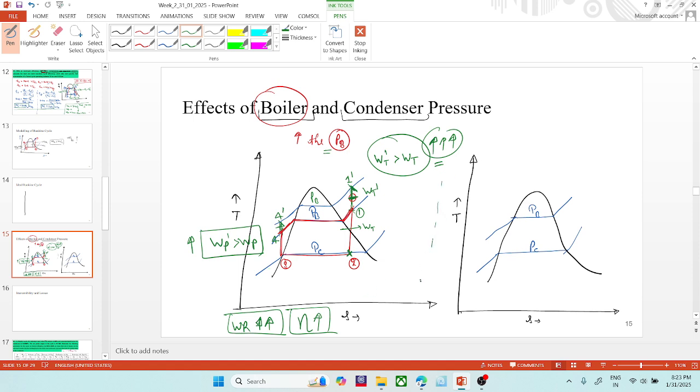So this was one thing. Second thing, increasing the condenser pressure. Sir, the boiler pressure is constant.